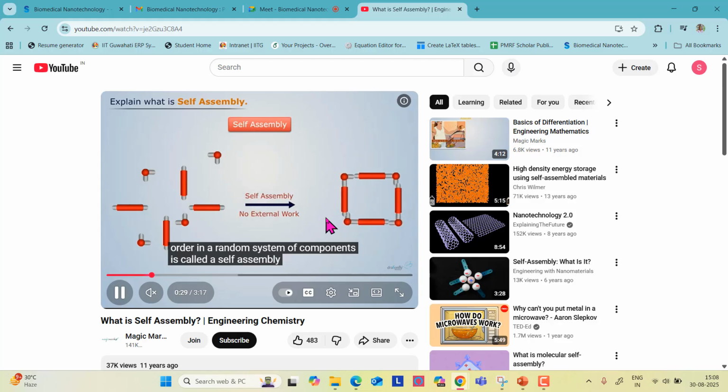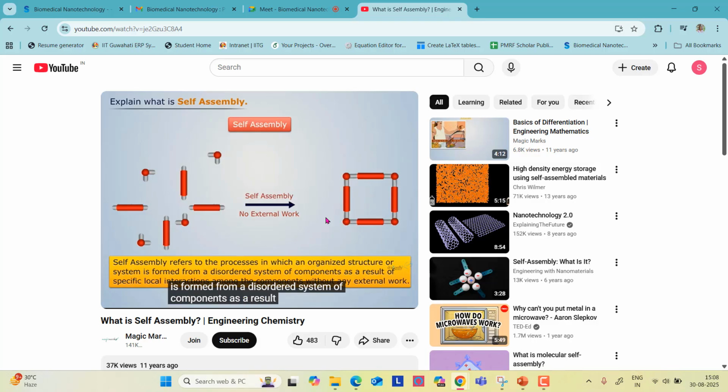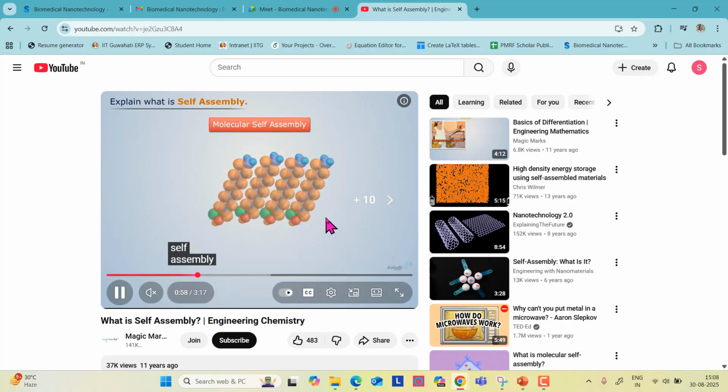Okay. An organized structure or system is formed from a disordered system of components as a result of specific local interactions among the components without any external work.